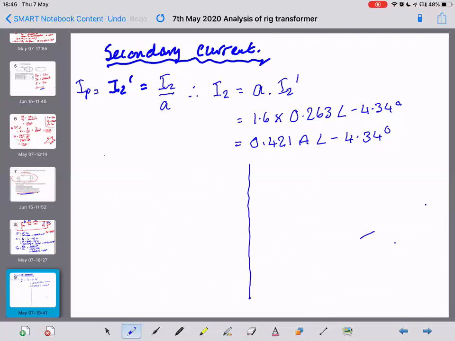So one way to find E2 is E2 is equal to I2 times Z load. 0.421 amps angle minus 4.34 degrees times 546 equals.